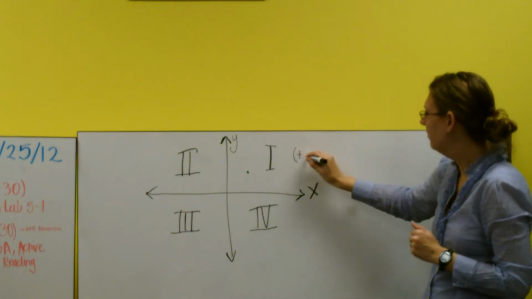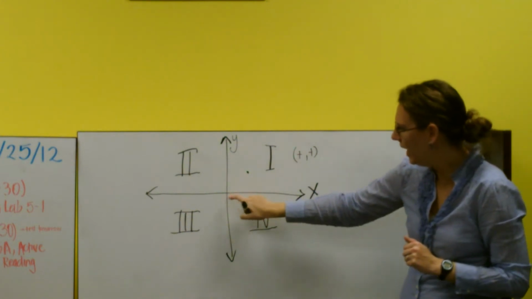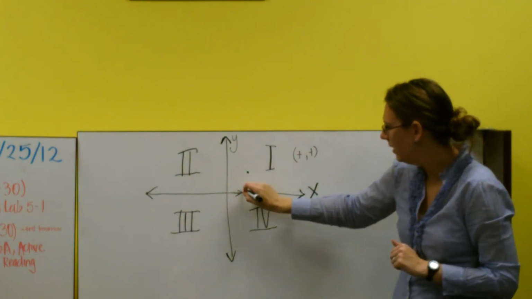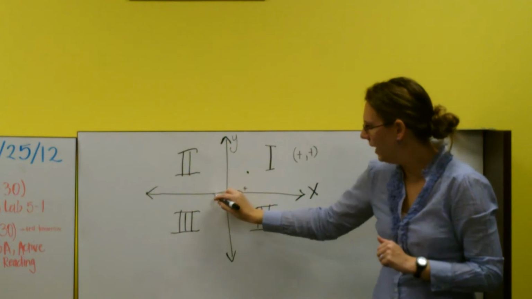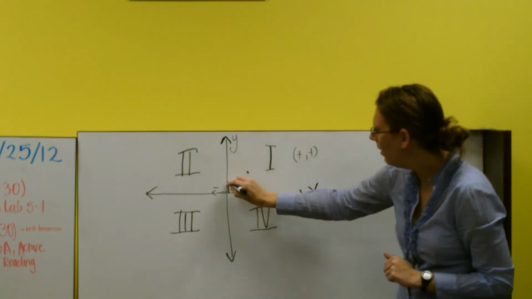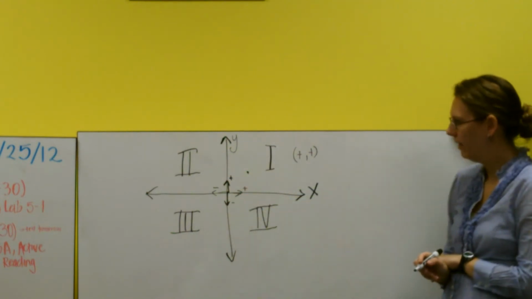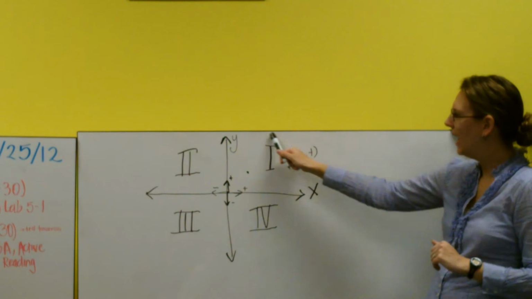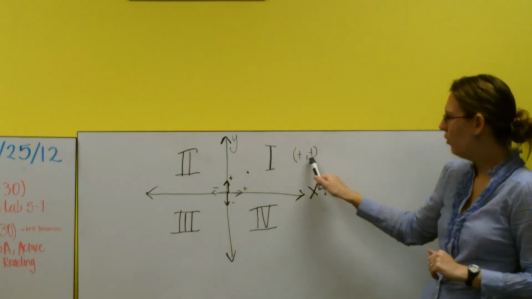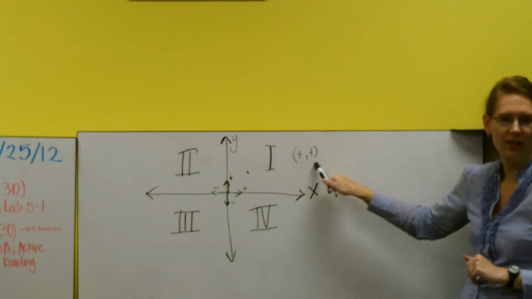Positive, positive. Exactly. When you count x, this way is positive, and this way is negative. And same with y. Up is positive, down is negative. So any set of coordinates in quadrant 1 is going to have positive values.